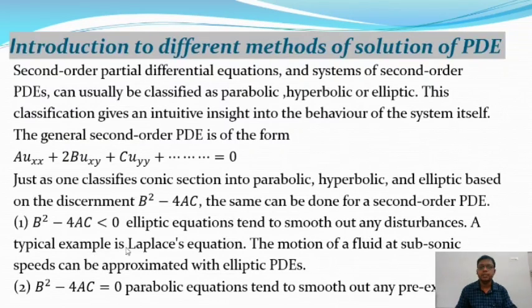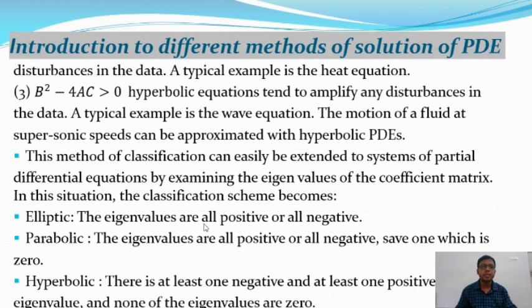A typical example is the Laplace equation, and the motion of a fluid at subsonic speed can be approximated with elliptic partial differential equations. If the discriminant B² − 4AC equals 0, we get the parabolic equation, which tends to smooth out any pre-existing disturbances in the data. The typical example is the heat equation.